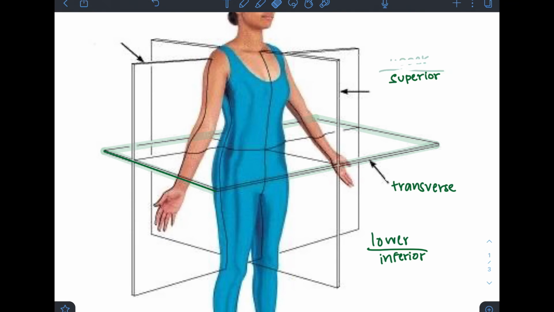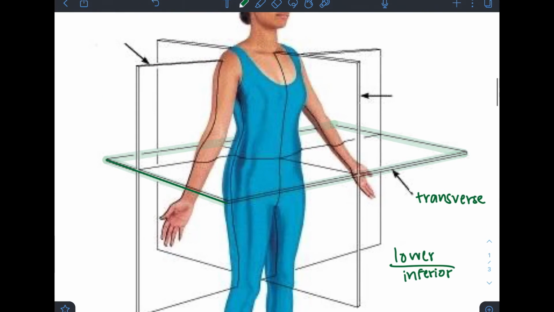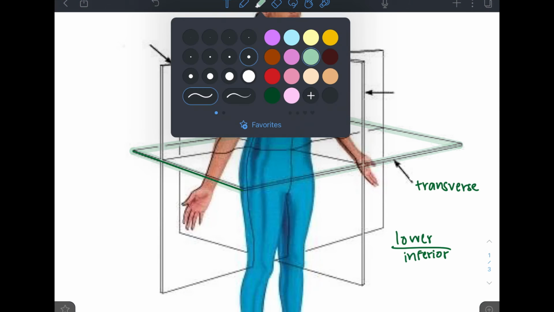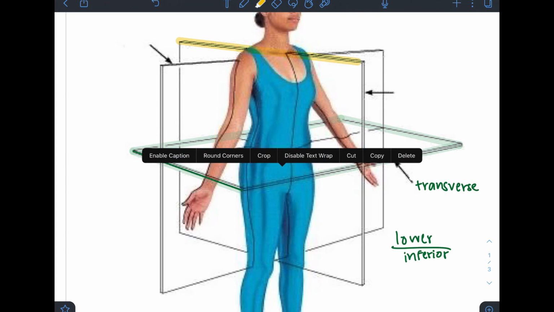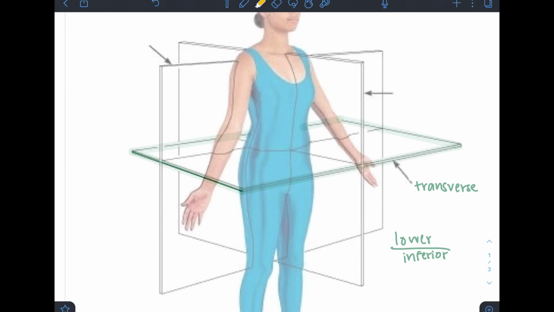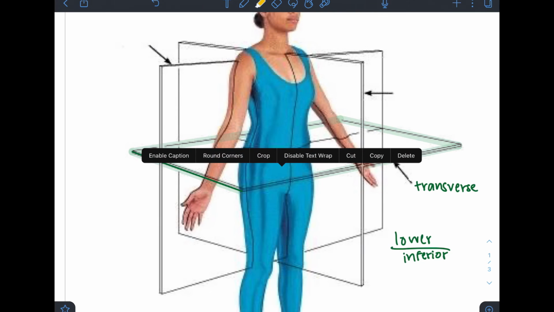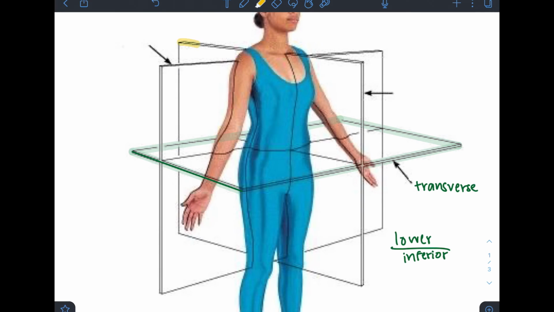I have to erase this part because we're writing another name of a plane over here. Okay, so for this plane, I'm going to highlight it again like I did for the other one. This one you can definitely see better. I don't know why the picture is moving so much.